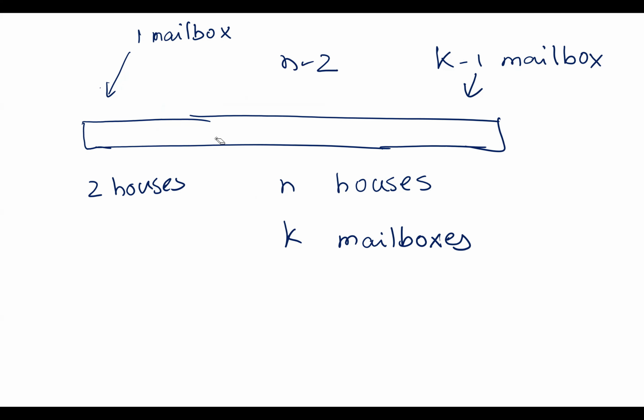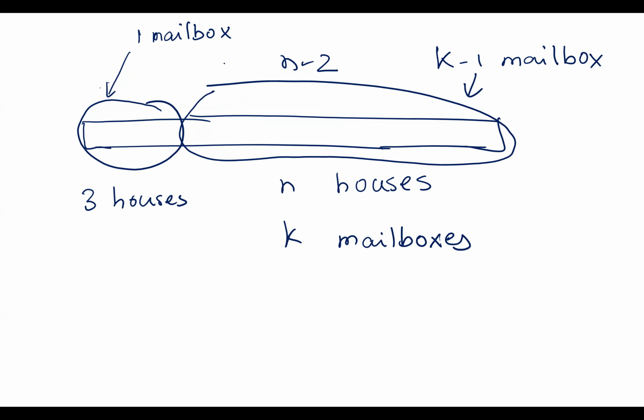Next, we can try with the other group, let's make it even bigger, 3 houses. We take the first 3 houses and put 1 mailbox there in an optimized way in the median house, and then we take the rest, n minus 3 houses, and put k minus 1 mailboxes there.